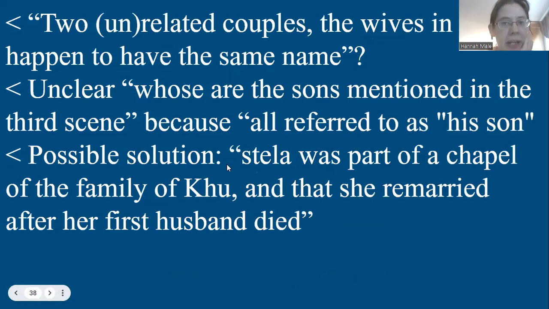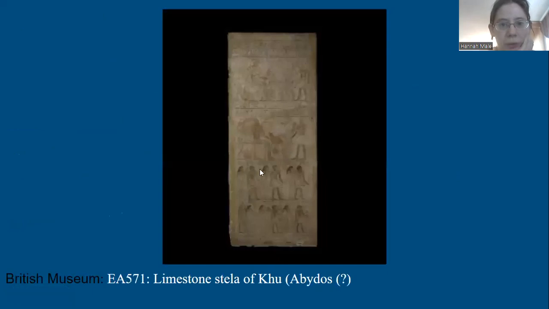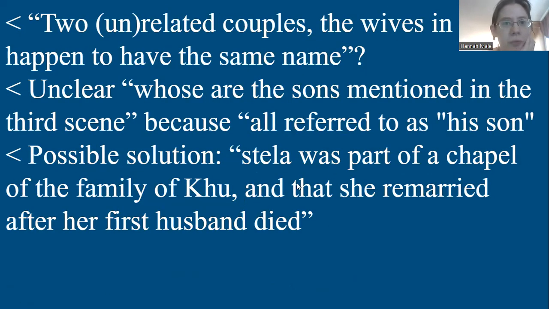And then in the third scene, the sons that are referred to, so this scene here is also a little bit unclear because they're all referred to as his son.